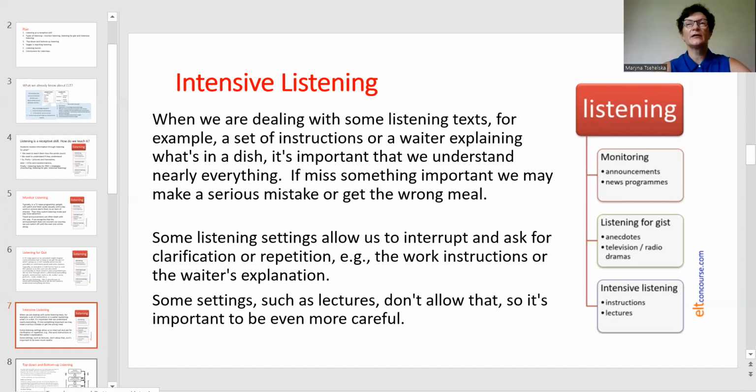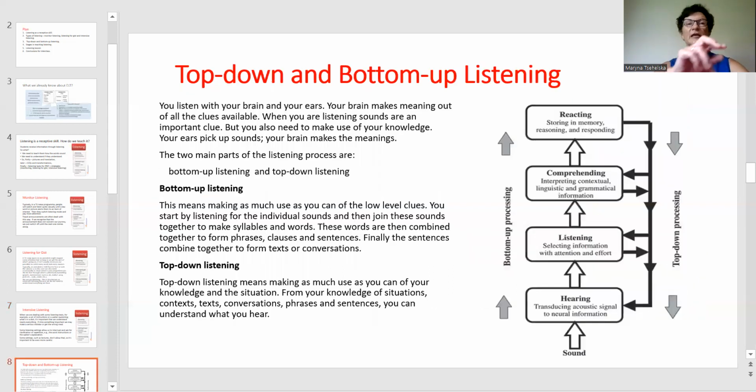So again, monitoring is picking up the important information, listening for gist is when you get the general understanding of what you listen to, and intensive listening is when you listen to every detail, when every detail is important. So these were the types of listening.